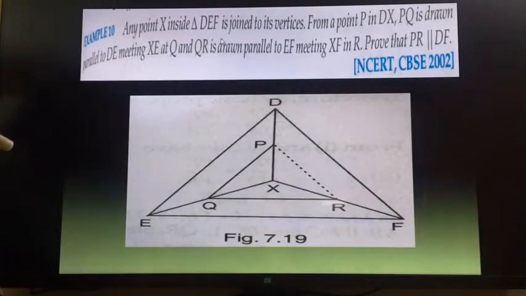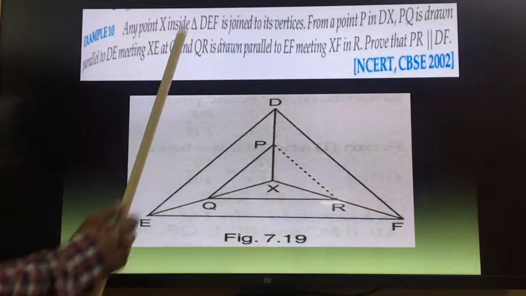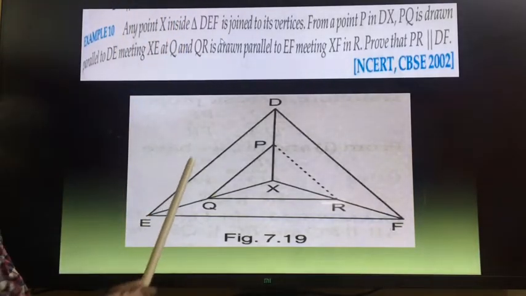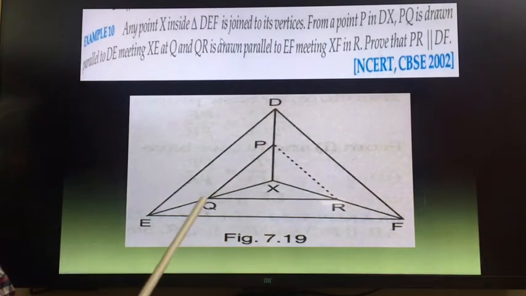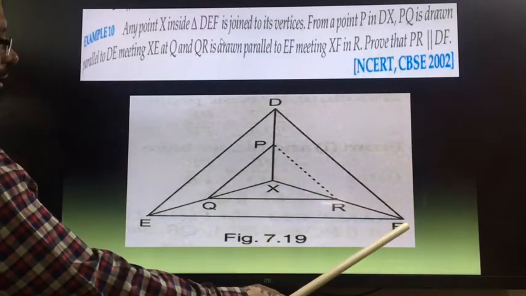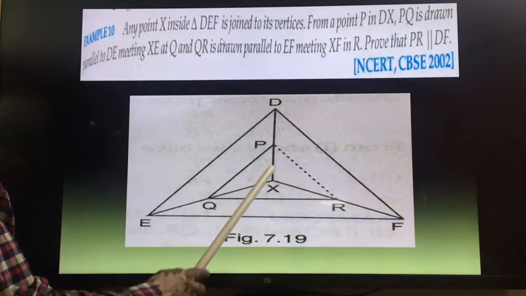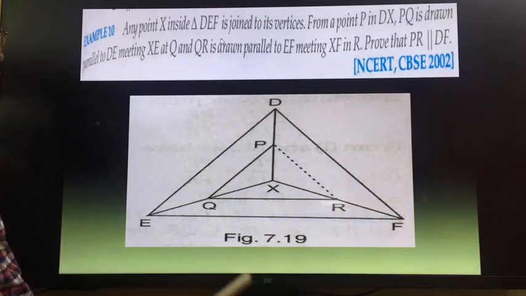Now see this question, this is given in your book also. So when you do the exercise, you can do it easily if you understand this question. In this case, we are observing many triangles, but we will take this triangle DXE. Then we will take triangle EXF. Then we will take triangle DXF. Why will we take them?